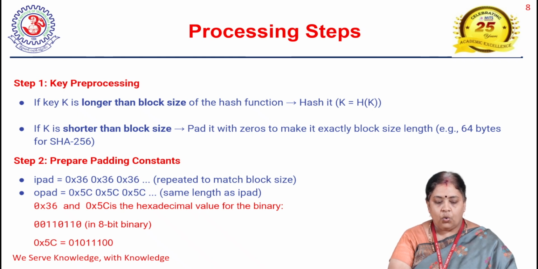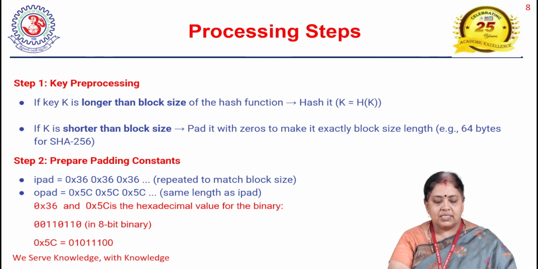Okay. Then the OPAD constant: we prepare it by taking the hexadecimal value 0x5c, and this value is repeated in order to reach the length of the block size, the same as the IPAD. So 0x36 and 0x5c are hexadecimal values for binary numbers.